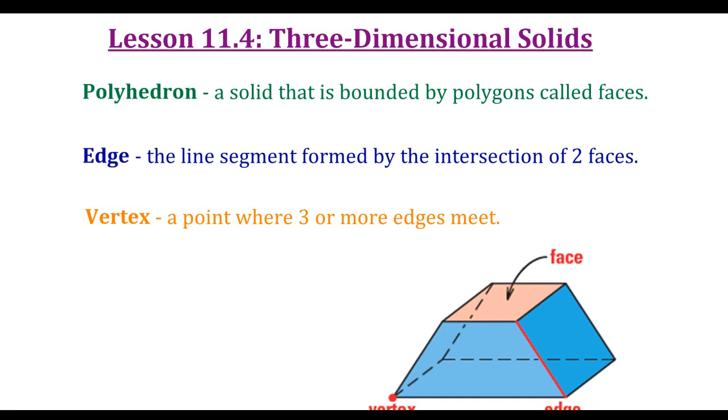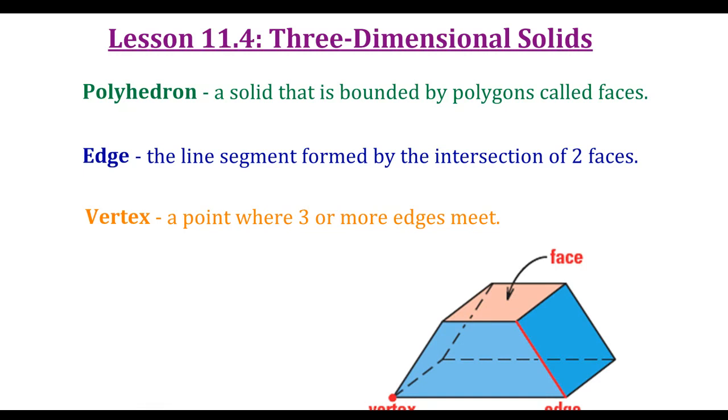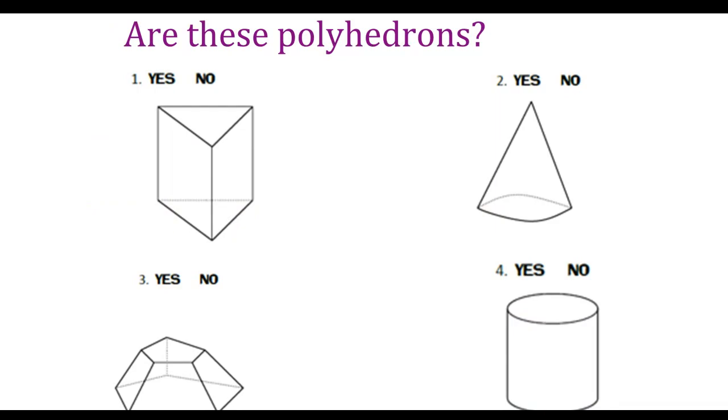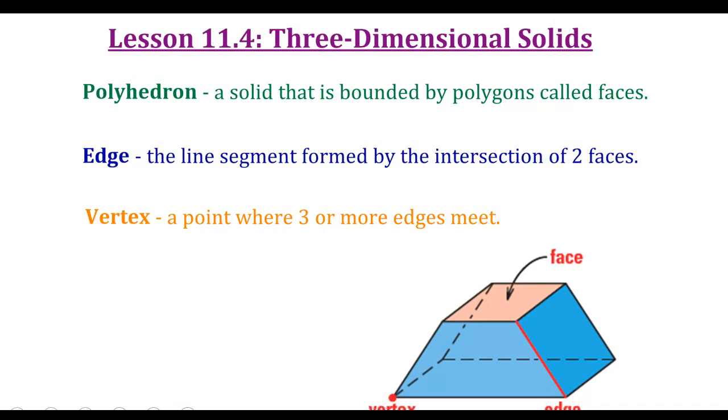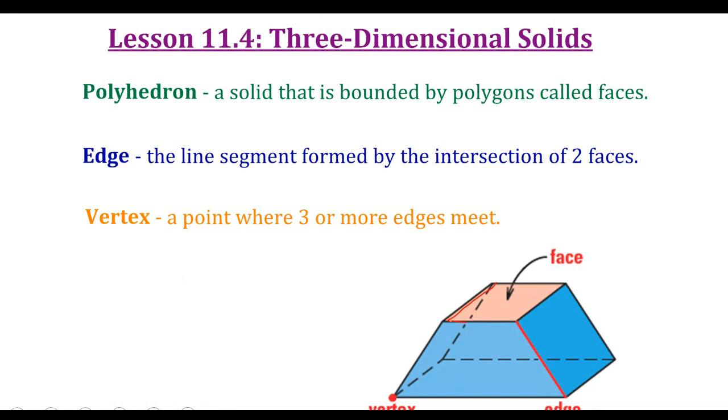Polyhedron, some definitions. Polyhedron: a solid that is bounded by polygons called faces. So if you're looking at that bottom right-hand corner shape, the polyhedron there, each of these shapes is a face.